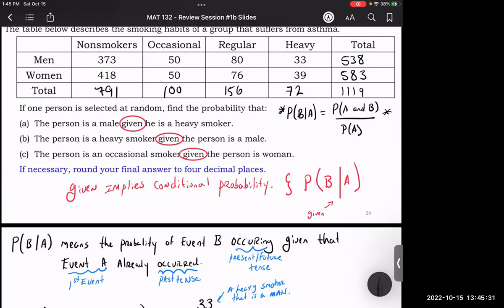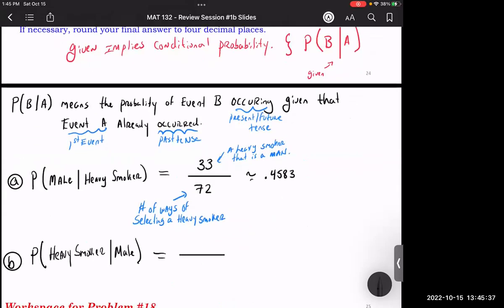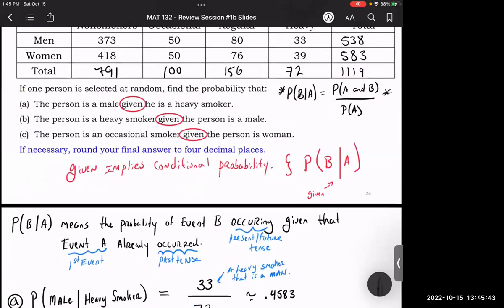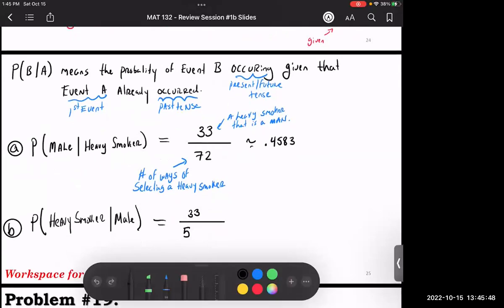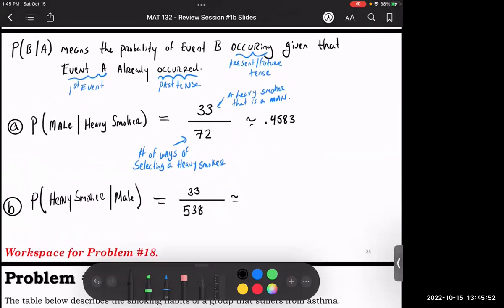Out of the 538, how many of them were heavy smokers? 33. So this time we get 33 over, oh wait, no, 538. And then you round your final answer. So you will say 33 divided by 538 is equal to 0.0613.